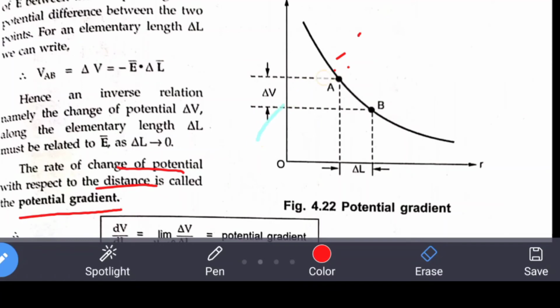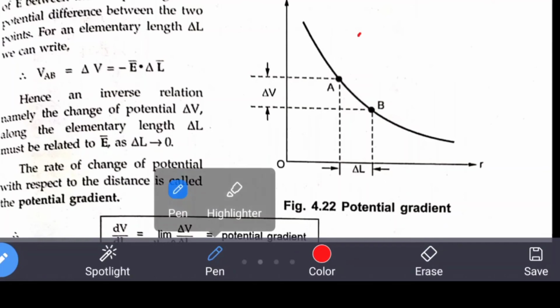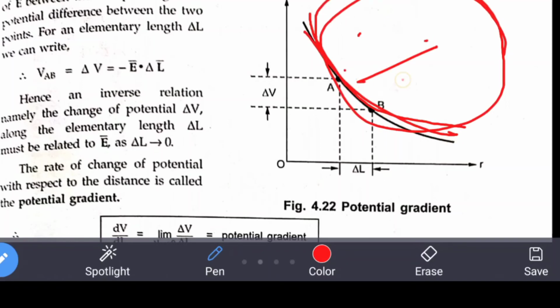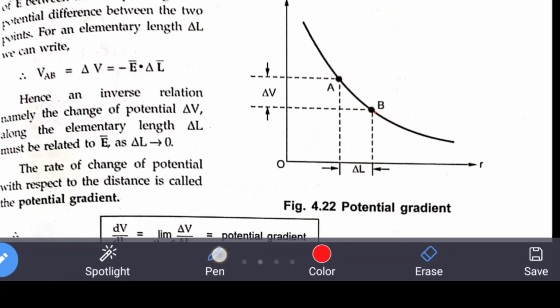If you consider equipotential surfaces, it is a round surface, one of the parts we consider, at a distance r1 or r2, assuming a point charge is located at the origin. For the equipotential surfaces, at points A and B, what is the change in potential?